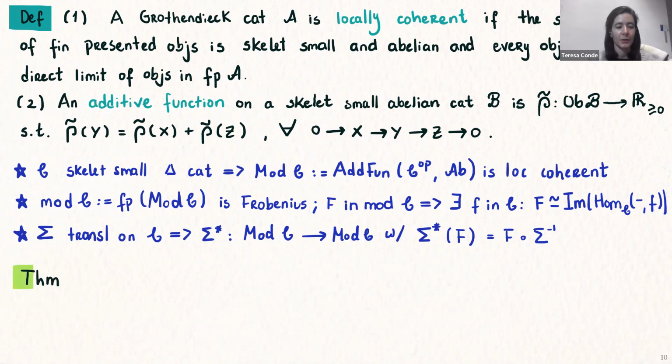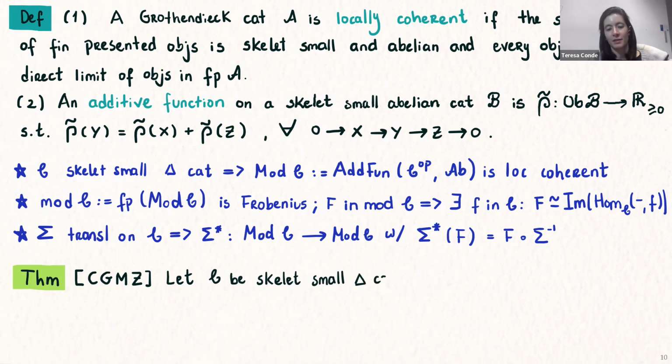Okay, so our starting point to study rank functions is the following result. As usual, let's take C to be a skeletally small triangulated category.